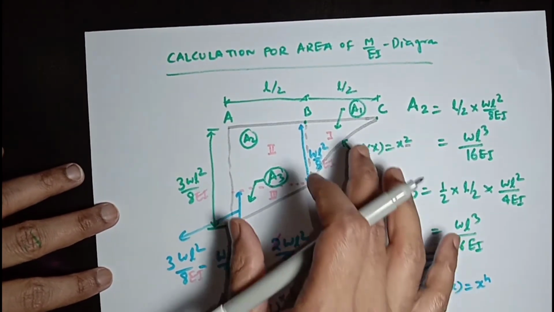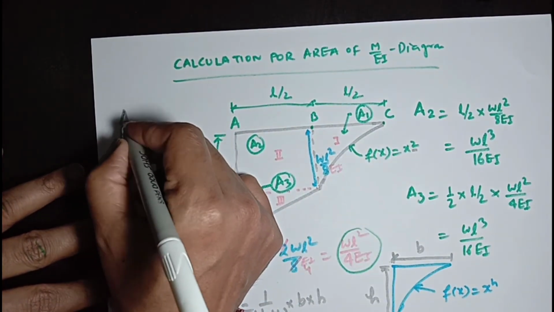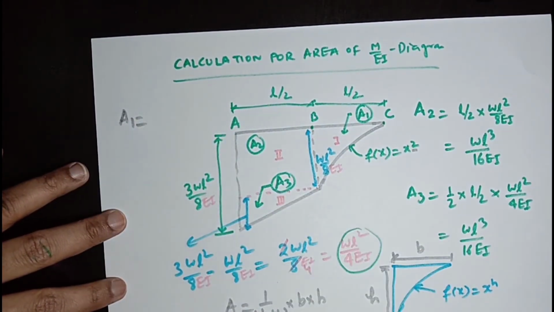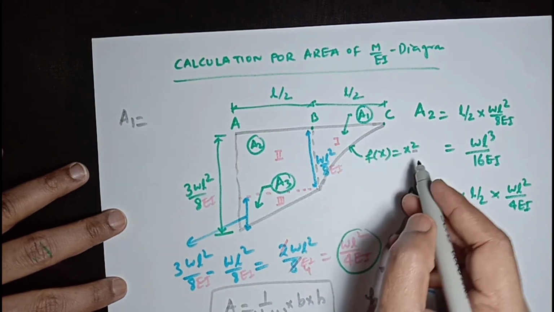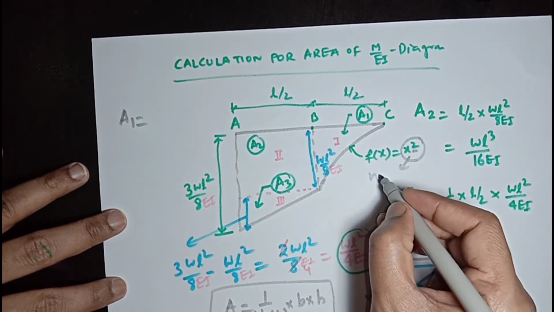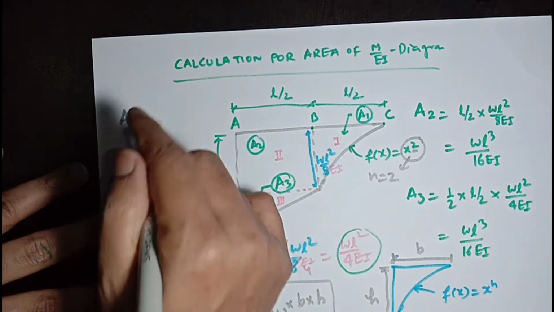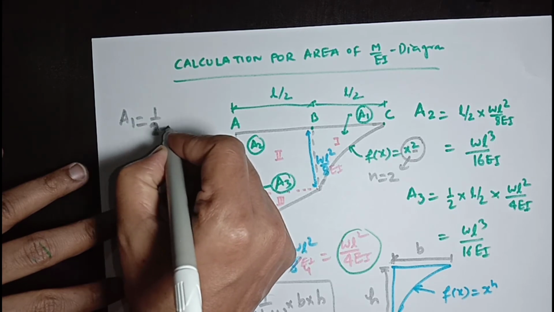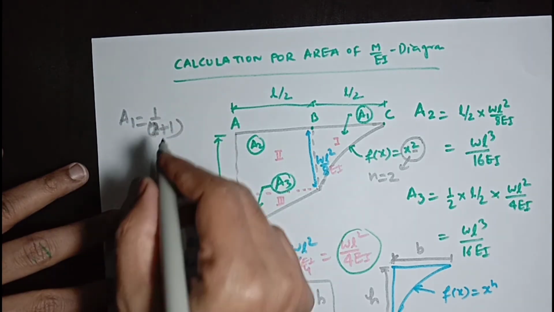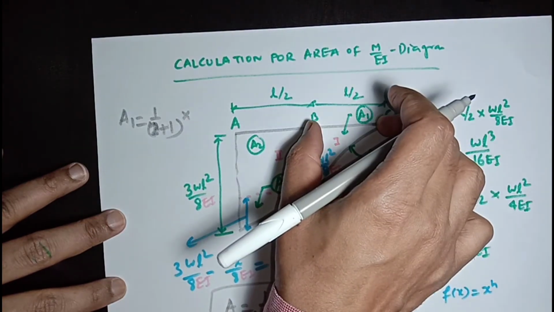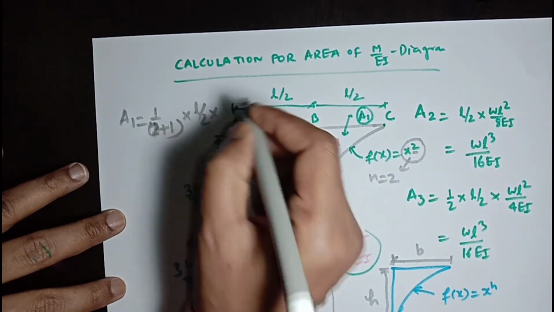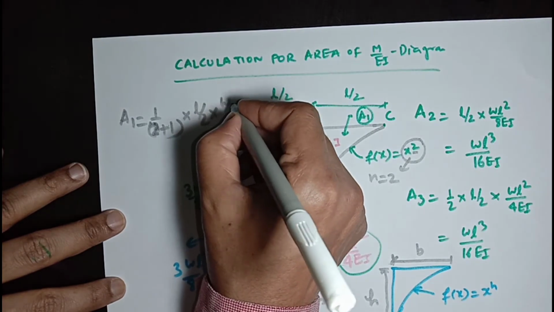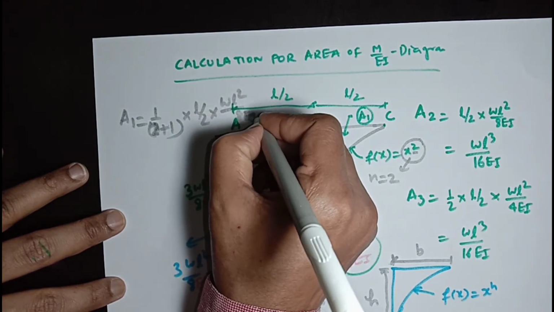So area A1 will be calculated here from this general expression for any curve which is a function f(x) equal to x to the power n. Here it is a function of x to the power 2, so n will be equal to 2.